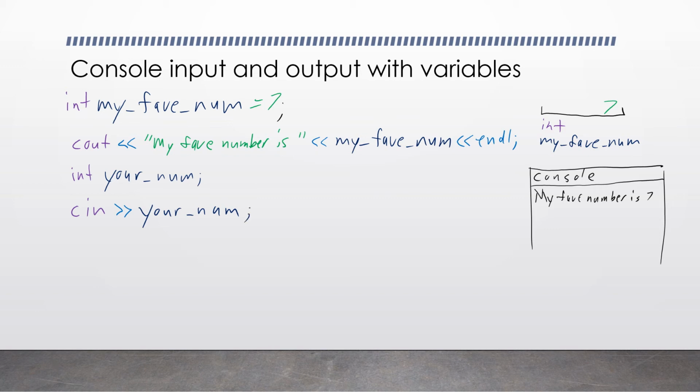So what this would look like on our little console window is we'd have a blinking cursor. I didn't tell the person that they were supposed to type a number. That's bad programming practice. What I should do is come in here and say cout what is yournum?